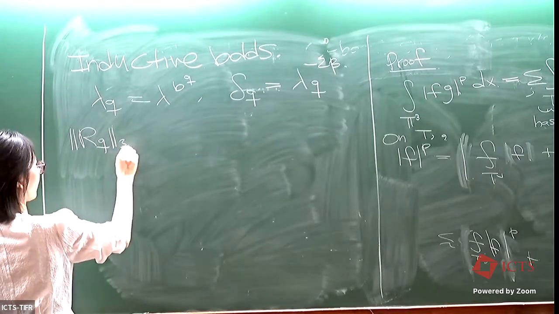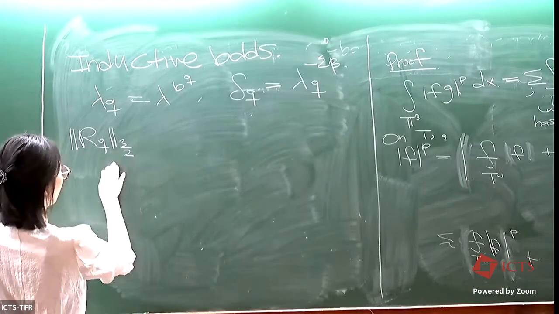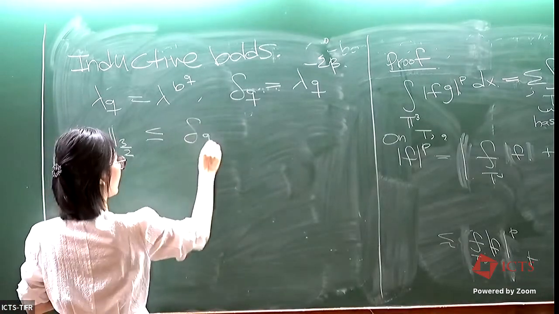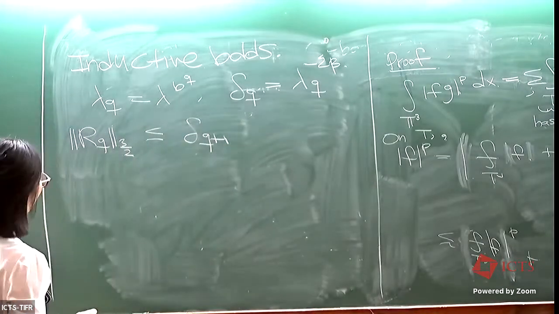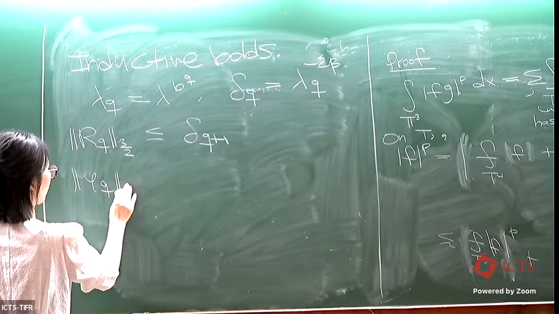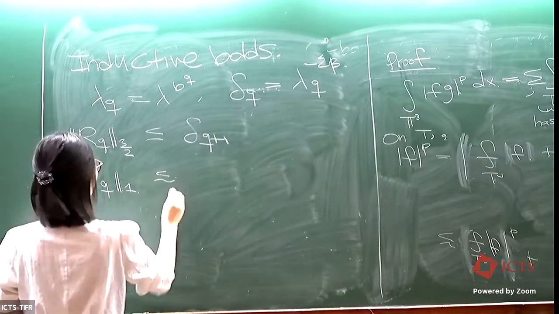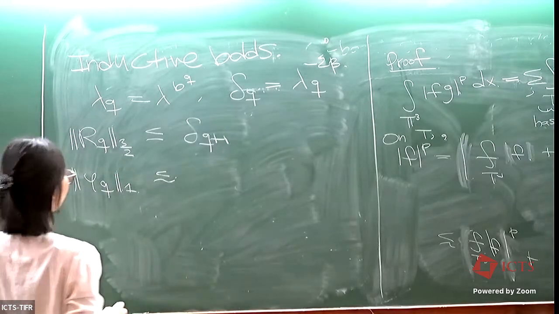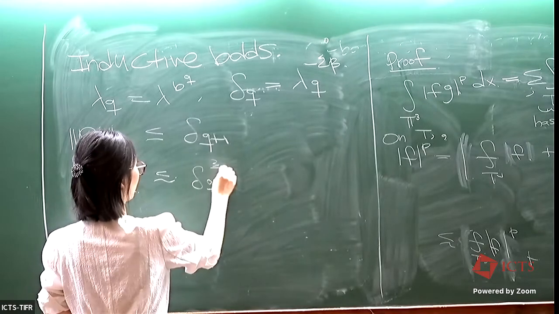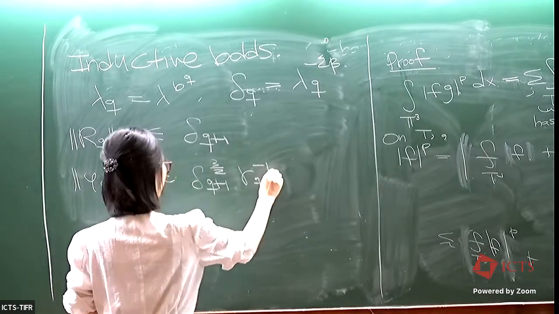So you measure the stress error by the L^1 norm, and the size is again delta_{q+1}, and then you consider the L^1 norm of this current error, which is delta_{q+1}^{3/2} r_q inverse.